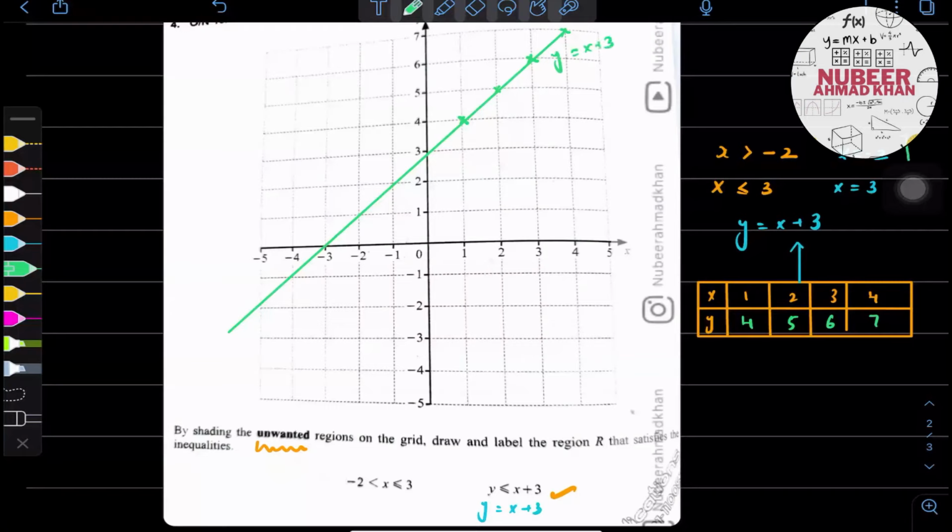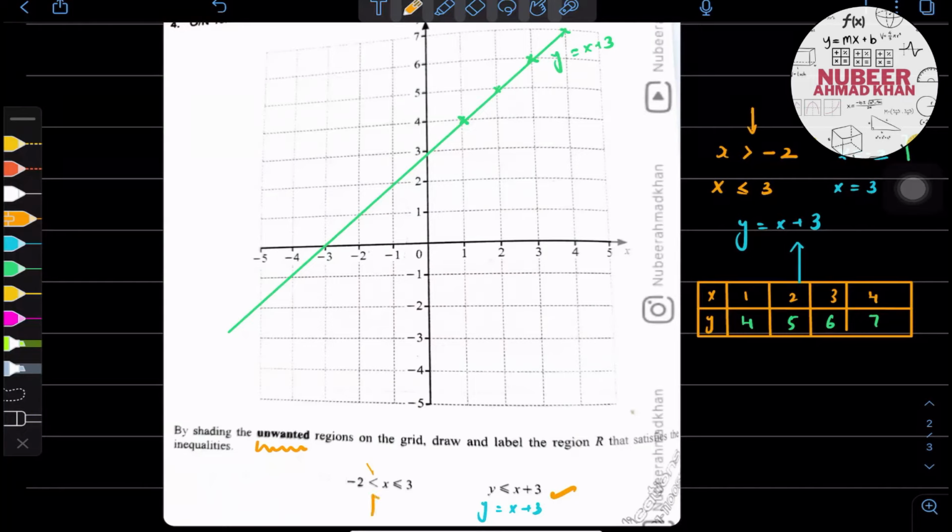Okay, what about the first two lines? How are we supposed to draw those two lines? For x is greater than minus 2, we will make a dotted line vertically at minus 2. Okay, बिल्कुल ठीक है. देखो बेटा बाकी लोग भी देख लो. There, when you look at this x greater than -2, there is no equal sign in this case.